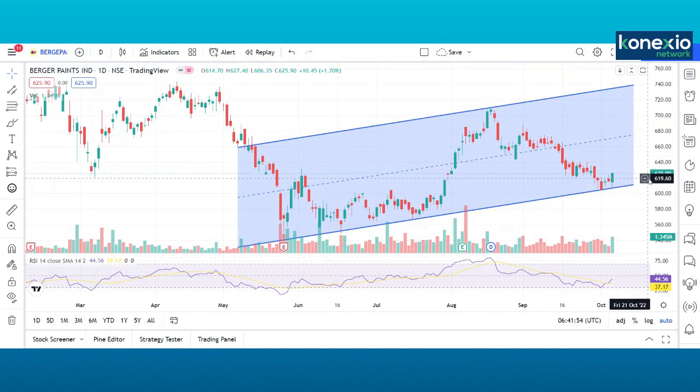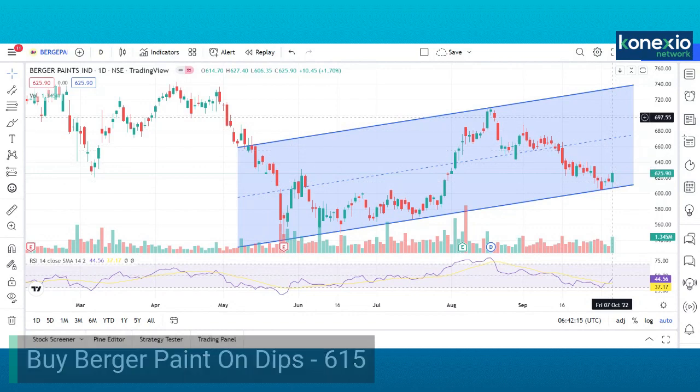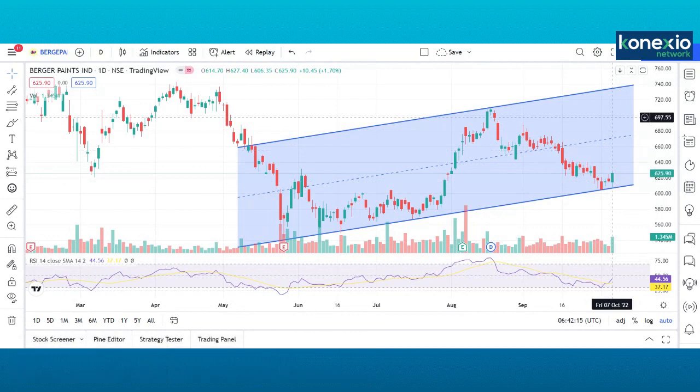Currently, the stock is quoting around 625. The potential of the stock is maybe 720 to 740 in the long run, maybe the next 10 to 12 months. So long-term investors, positional traders, positional investors can accumulate the stock on dips to 615 for an upside target of 720 for the long term.